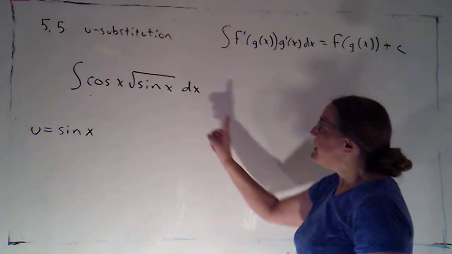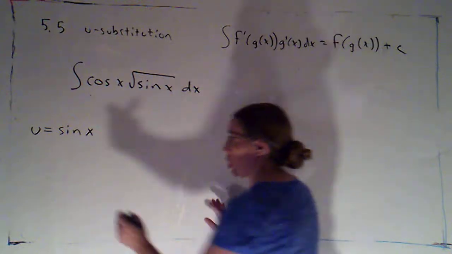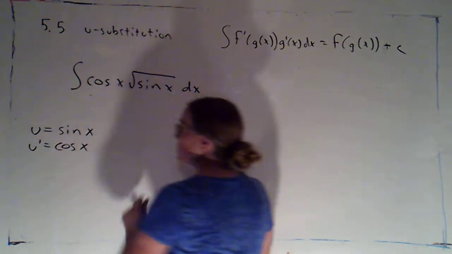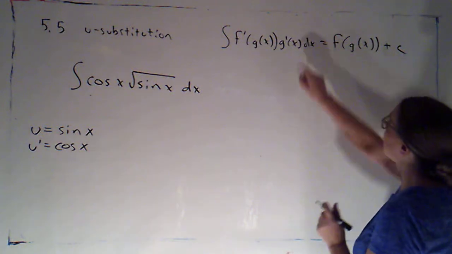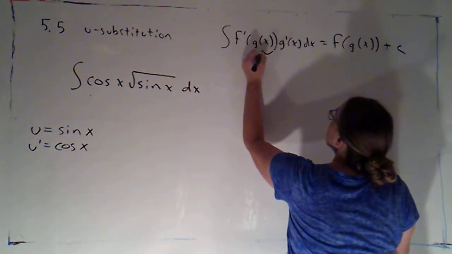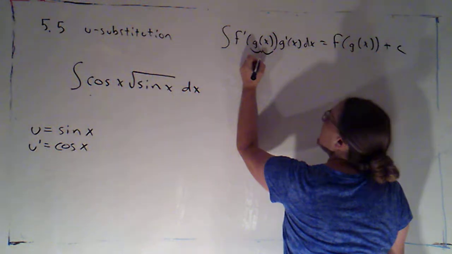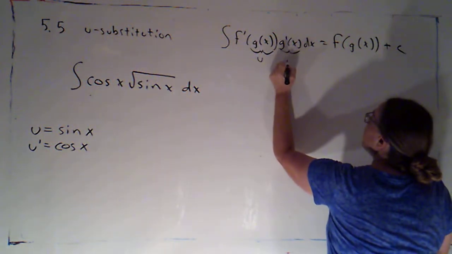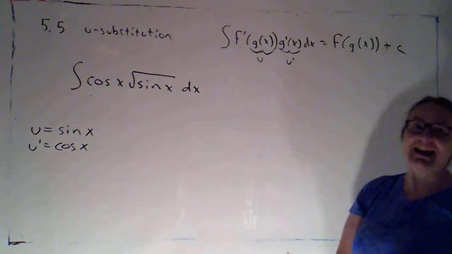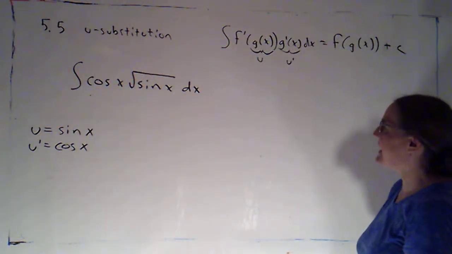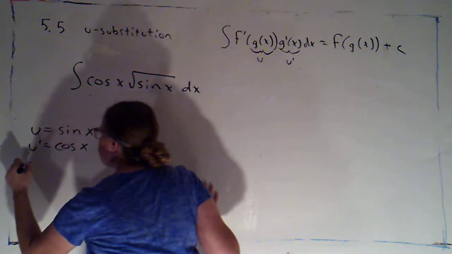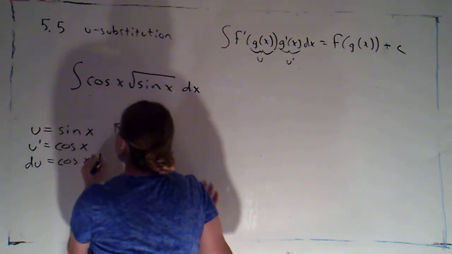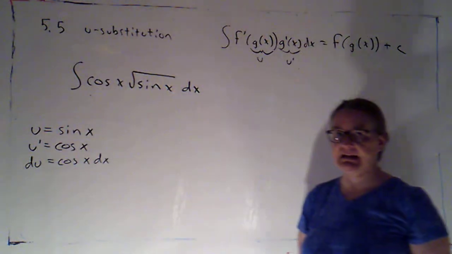Okay. Now, if my u sub is going to work, I'm going to just note that u prime is cosine of x. Because I'm essentially saying I'm going to write this g of x as u. This is only going to work if I have a u prime hanging out in there. Okay. And what I'm going to do is I'm going to say that du is cosine of x dx.